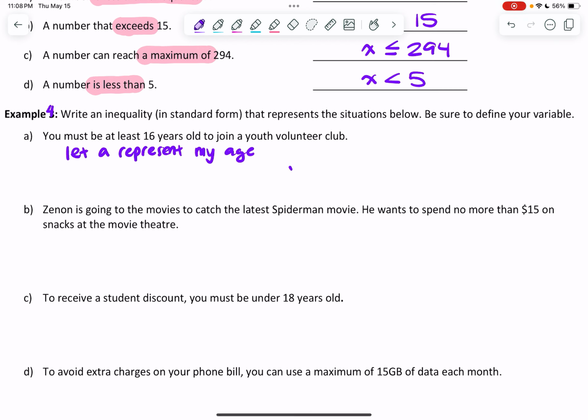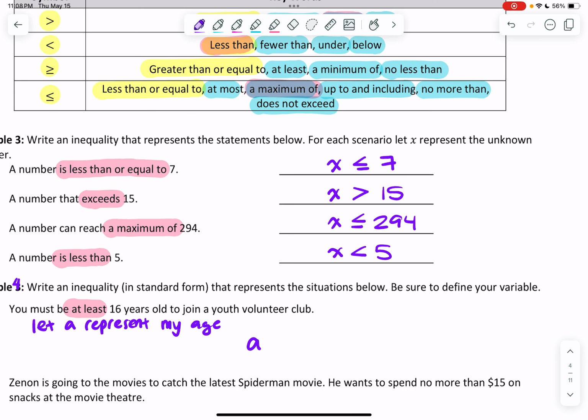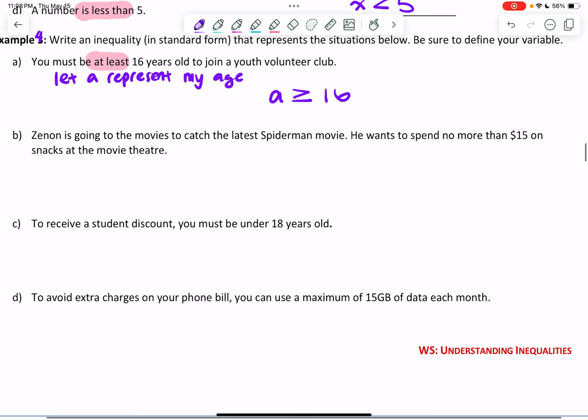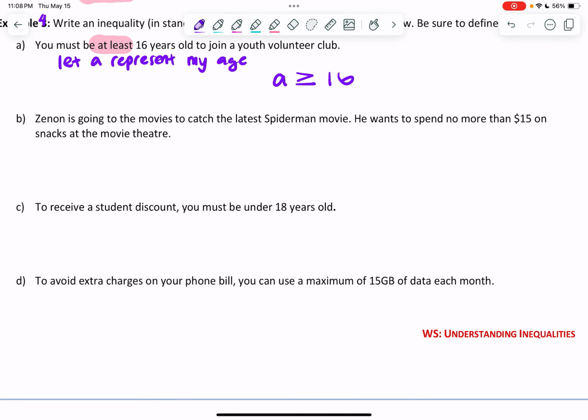And so I have A, and it must be at least 16 years old. I'm looking at my chart there for at least. At least is greater than or equal to. So A is greater than or equal to 16. Okay. Please try the next few on your own, and then unpause the video when you're done.